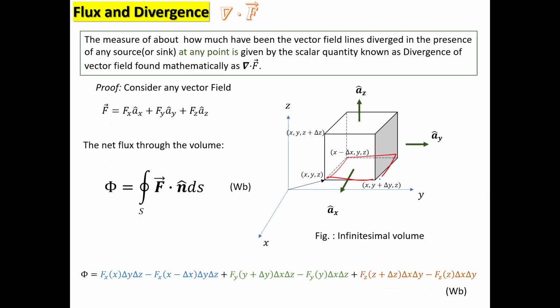This area is situated at point z, and the other area is situated at point z plus del z. Hence this is the total flux crossing in the z direction. And the total volume is del x, del y and del z.